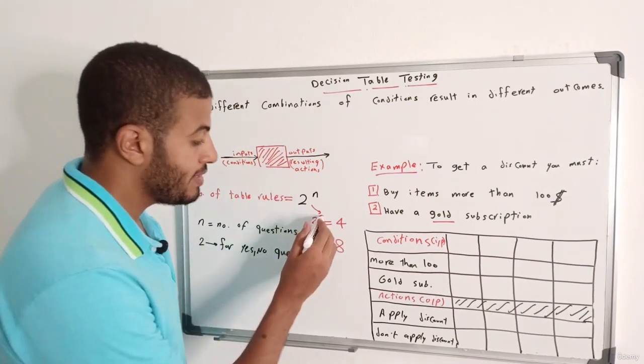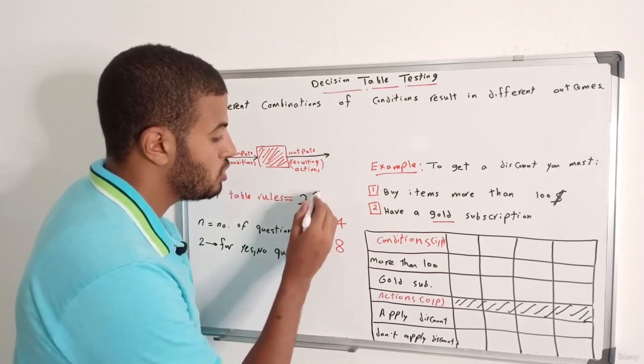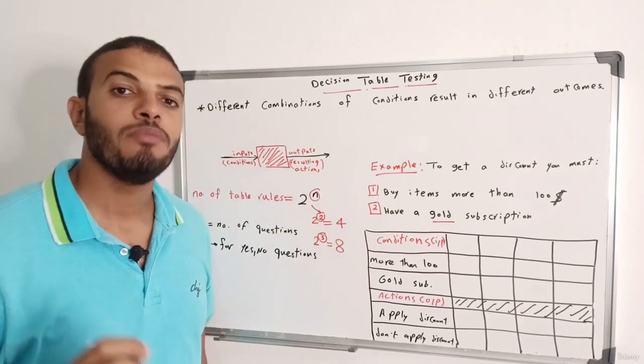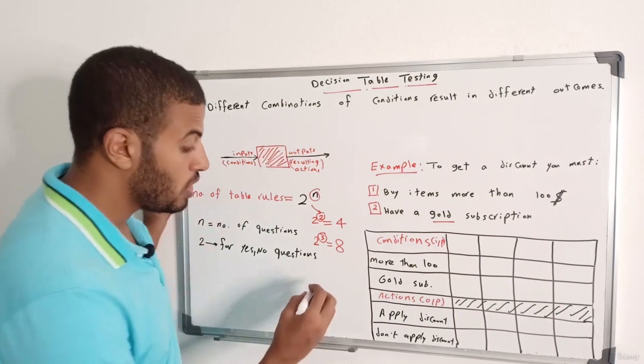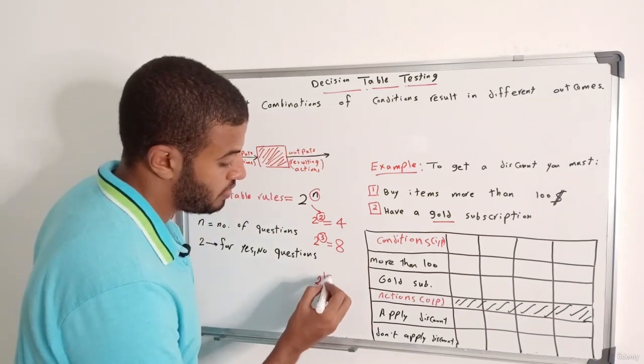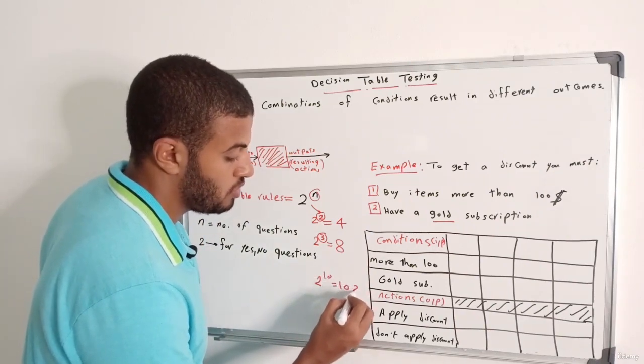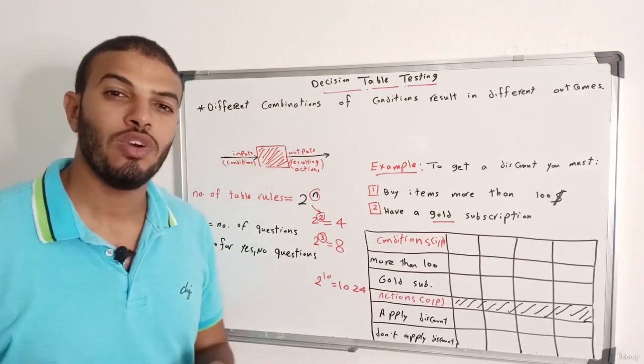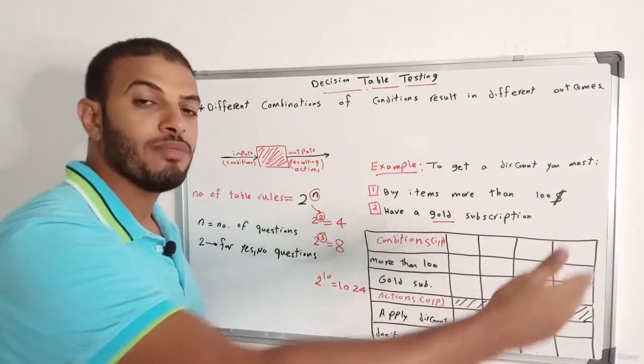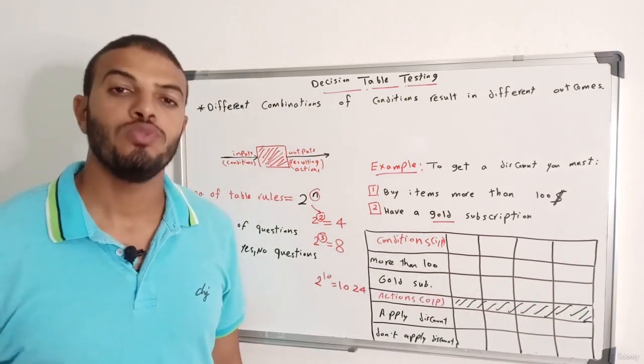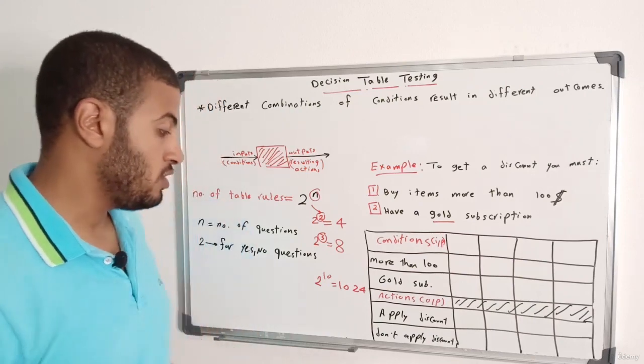So this number at the top changes depending on the number of questions. If we have 10 questions, so 2 to the power of 10, which is 1024, which is a big number. That's why we sometimes remove some test cases from this table, and we'll talk about this in next videos.